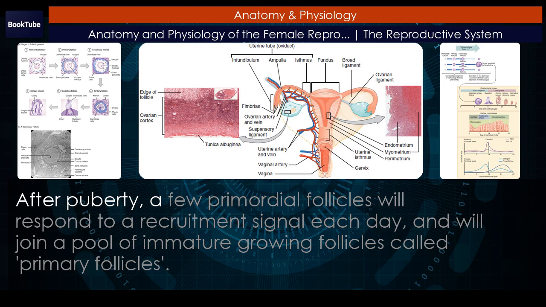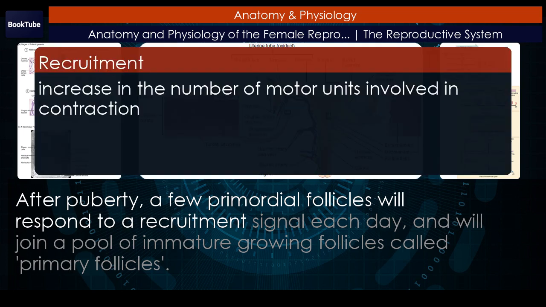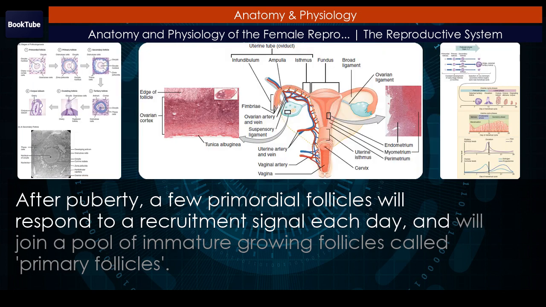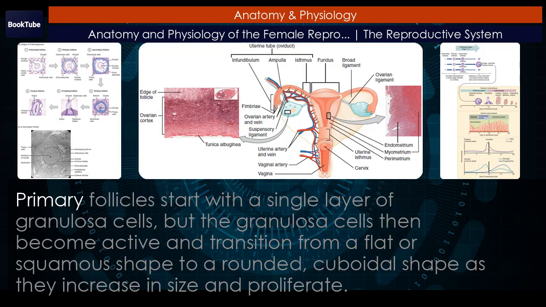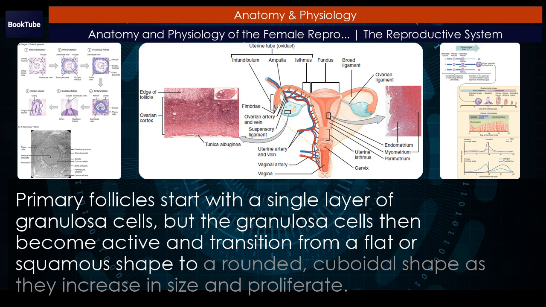After puberty, a few primordial follicles will respond to a recruitment signal each day, and will join a pool of immature growing follicles called primary follicles. Primary follicles start with a single layer of granulosa cells, but the granulosa cells then become active and transition from a flat or squamous shape to a rounded, cuboidal shape as they increase in size and proliferate.